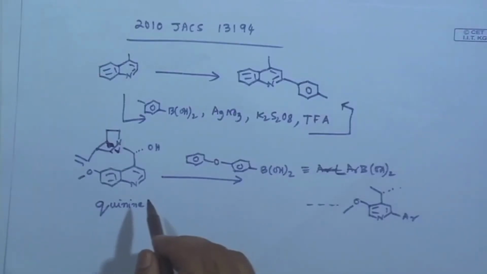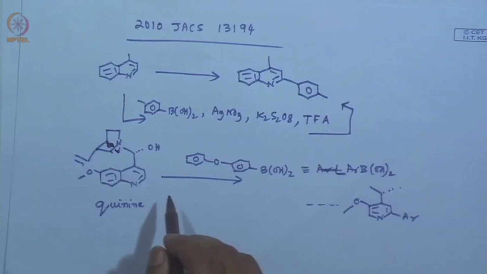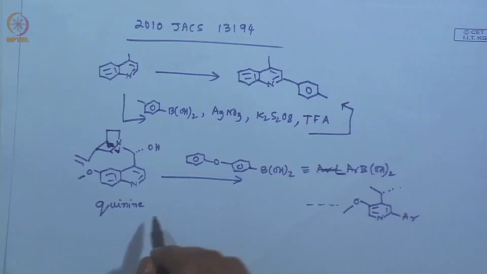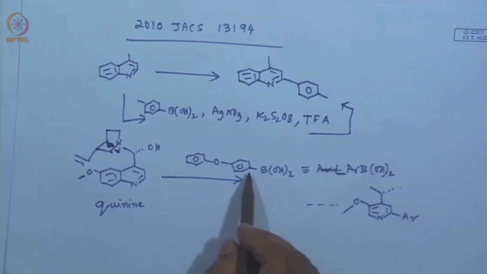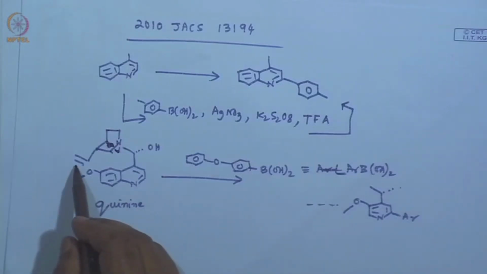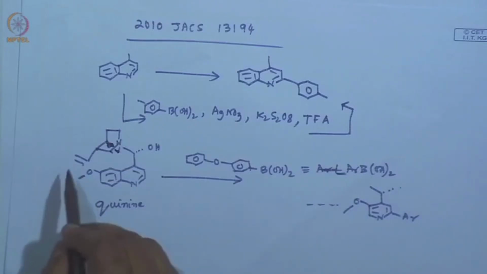In this case it is of course regioselective, and there is no question of stereo, but it is very chemoselective, meaning the phenyl radical generated from this did not undergo addition to the double bond. Normally a radical undergoes addition to the carbon-carbon double bond, but it did not.